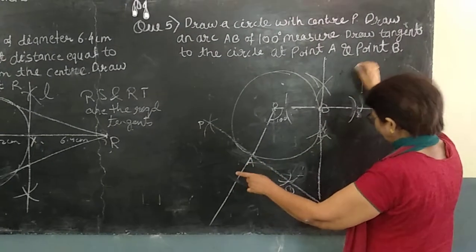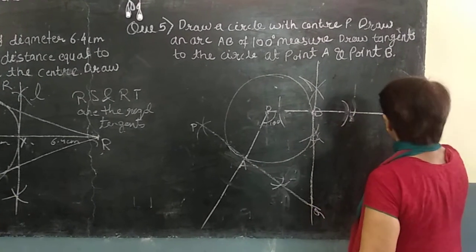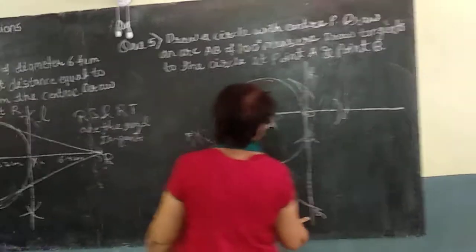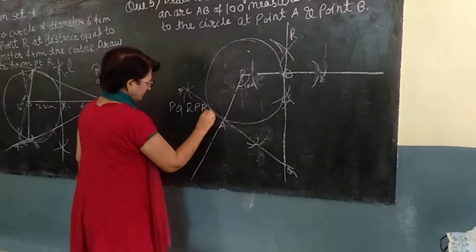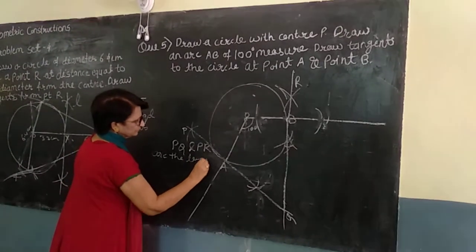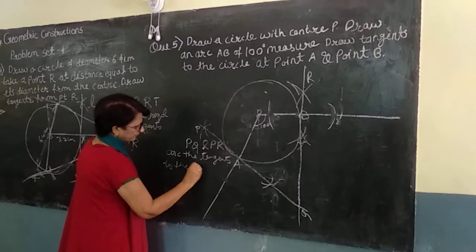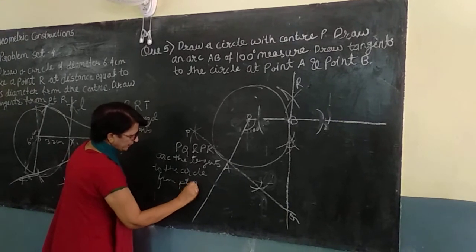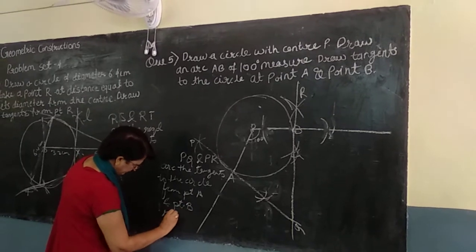Let this point be Q, and let the other be R. Then PQ and PR are the tangents to the circle from point A and point B respectively.